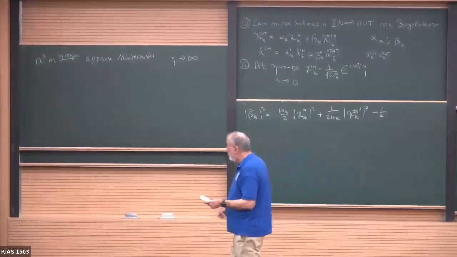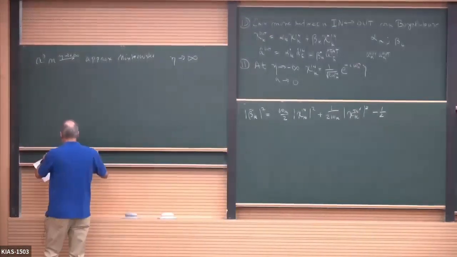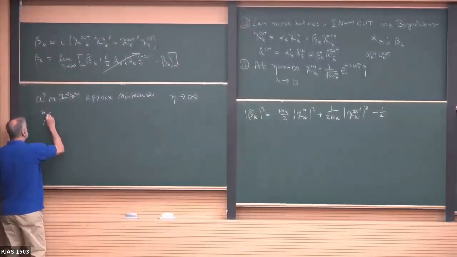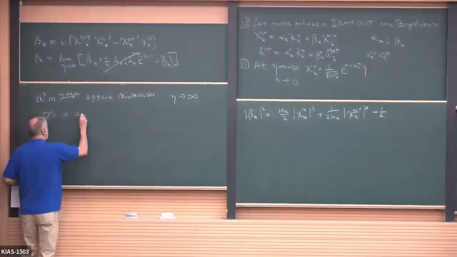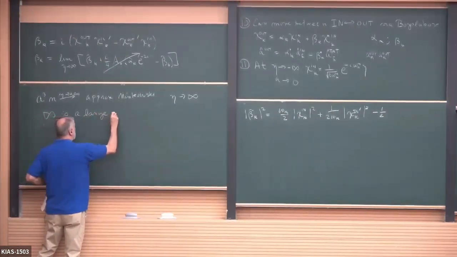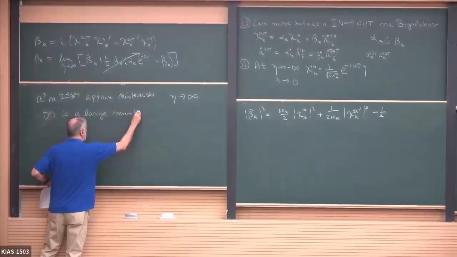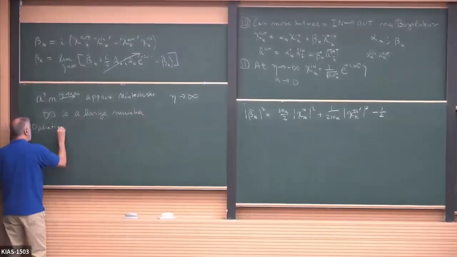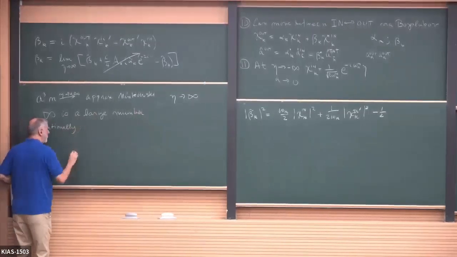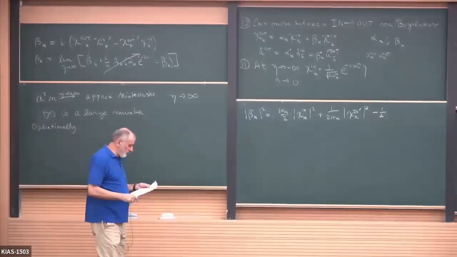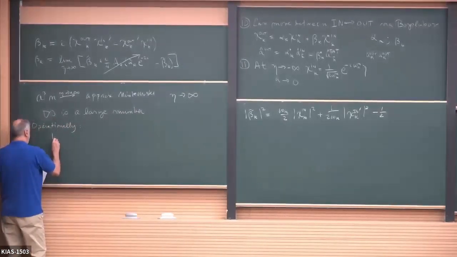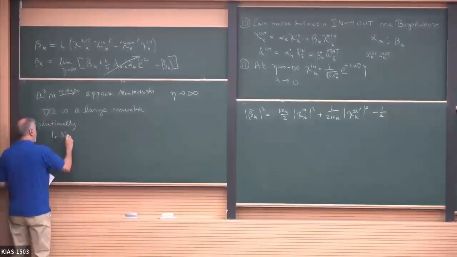So what does it operationally mean to take eta to plus infinity? So operationally, to define the number density of particles, we want to have three things satisfied. One is the mode is inside the Hubble radius.